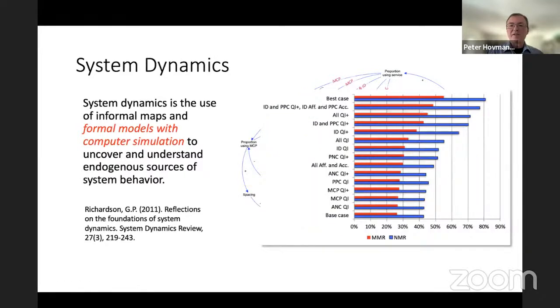For something like this, you can then look at combinations of different interventions from the base case, meaning if we leave things as status quo, there will still be an improvement, to the best case in terms of the model. And then by looking at these various combinations, being able to identify insights. In this case, this helped us identify an approach to quality improvement that ended up being called Quality Improvement Plus, focused specifically on institutional delivery.